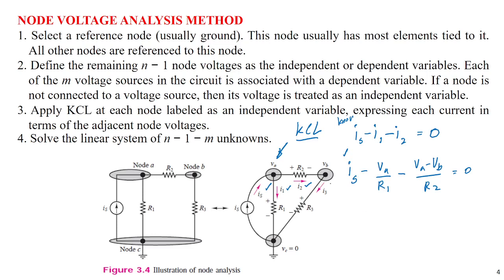Then KCL for node B. What is KCL for node B? It means I2 minus I3 is 0, right?